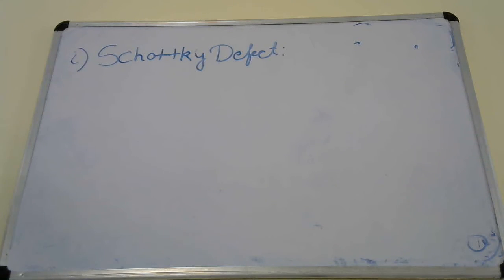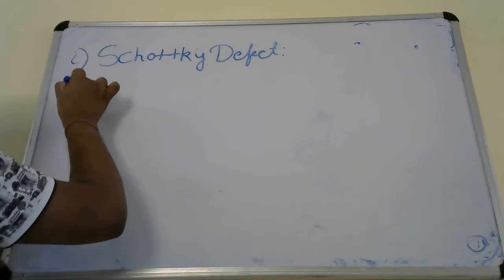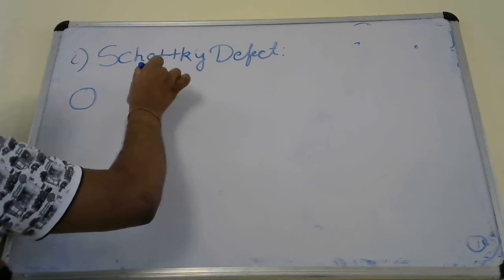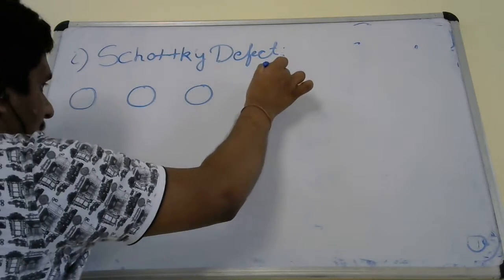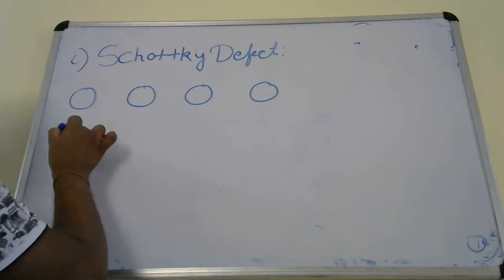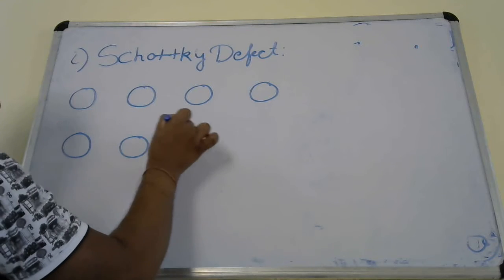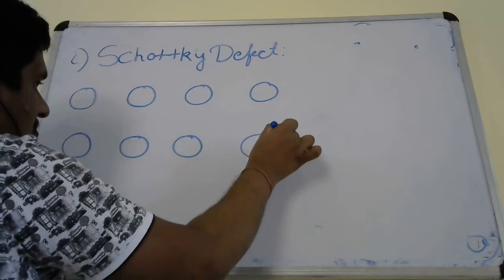What happens in Schottky defect? Let us draw an ionic solid lattice.